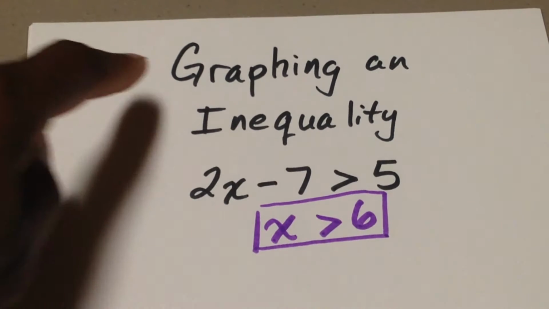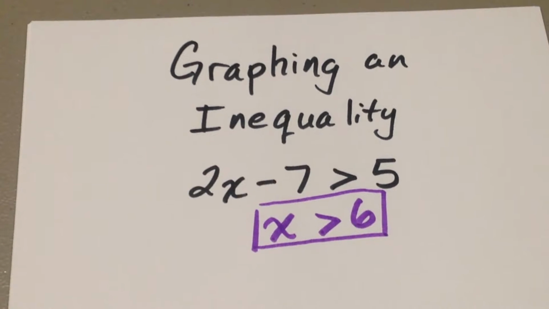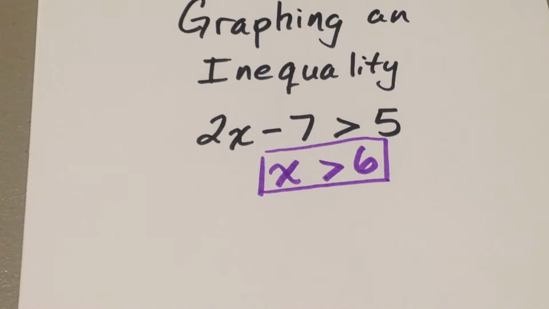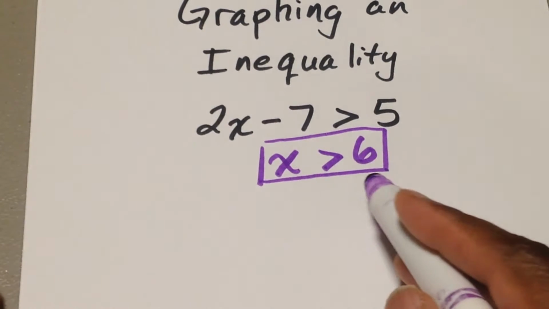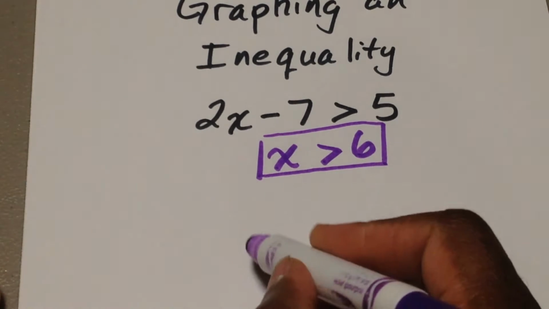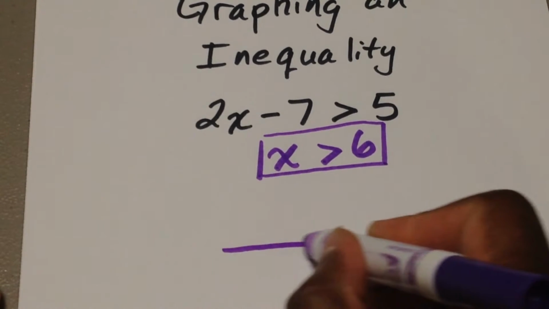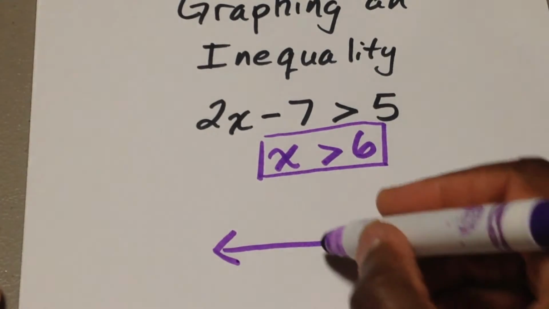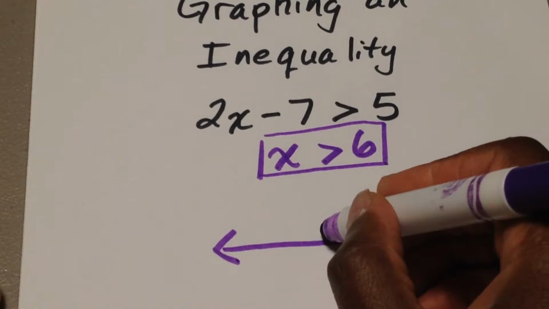Now we're going to graph it. We're going to make some type of visual display to show that. So here's how we do it. First step is we make a number line. The number line is determined by the 6 here. To keep it simple, instead of putting a whole lot of numbers on the number line, we're going to put 3 numbers.